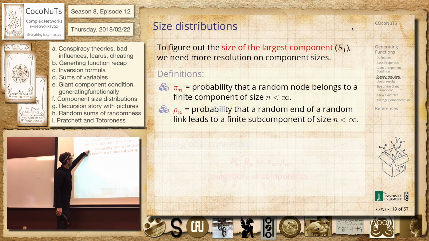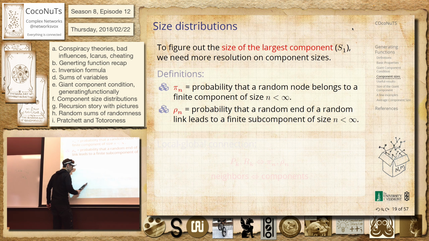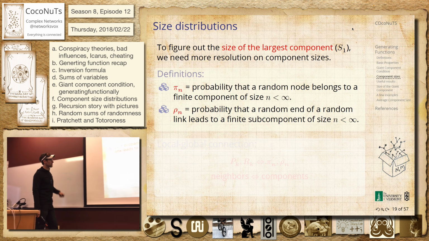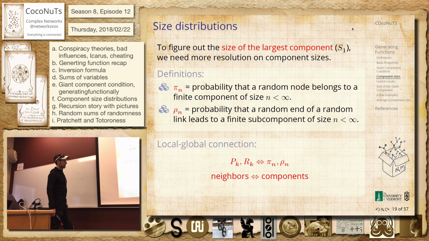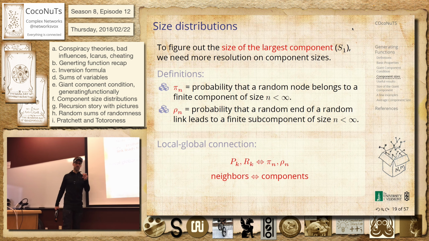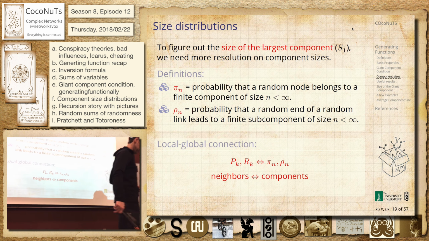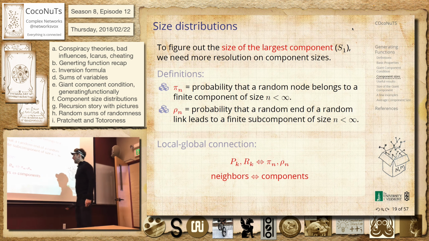Okay. Similar sort of story here. This is going to be the one that everything revolves around, and this is where we run along an edge. There's a probability that when we hit this randomly accessed node, it leads to a finite component of size n. I'll have some pictures to try and explain this to you and to myself. It certainly takes a little thinking, and when you look through papers and so on, it can be a little messy.